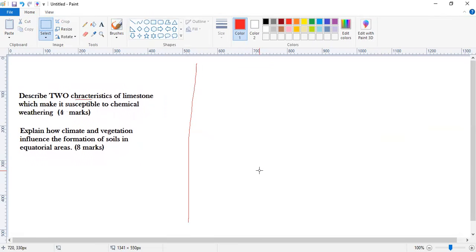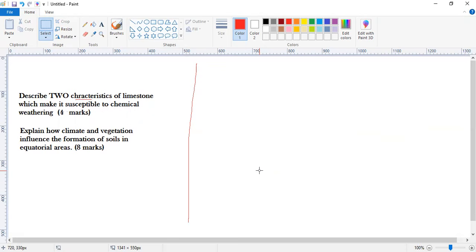All right, so this question is also a question on weathering. This time it is chemical weathering, but it also has to do with limestone.